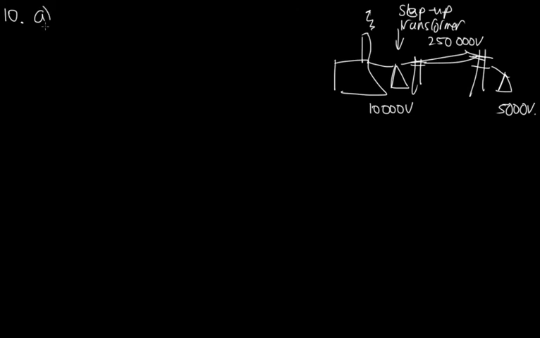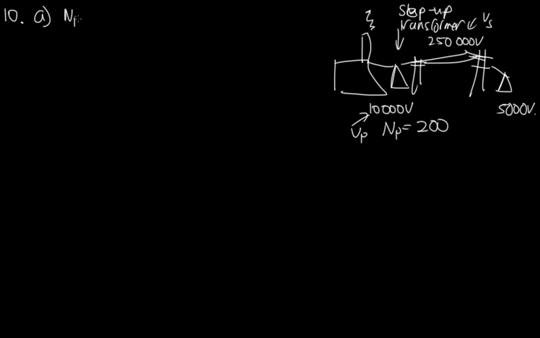And now part A of the question says if the step up transformer has 200 turns in the primary coil, so we've got NP is equal to 200. This is going to be the VP, as this is the initial voltage. This is going to be the VS, as this is the secondary voltage. And we're asked how many turns are there in the secondary coil.